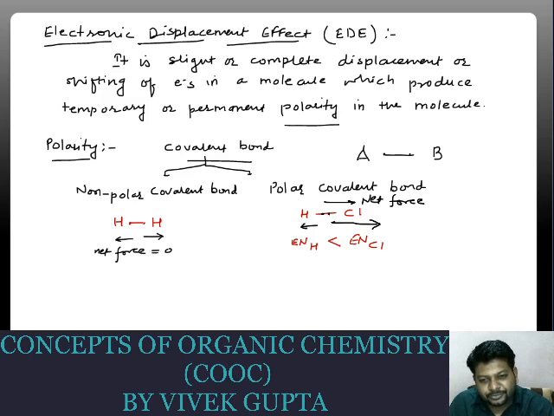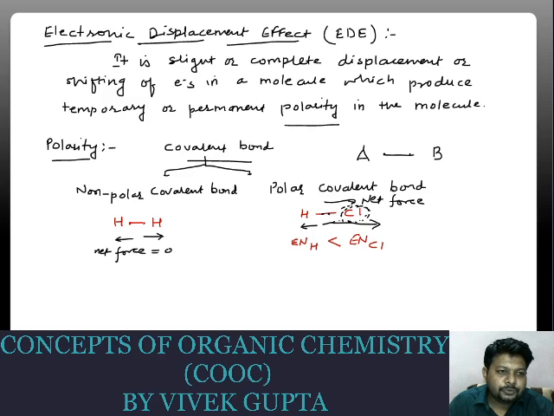It will be partially shifted towards chlorine. So the electron density towards the chlorine atom will increase, means chlorine will bear some more negative charge as compared to hydrogen.